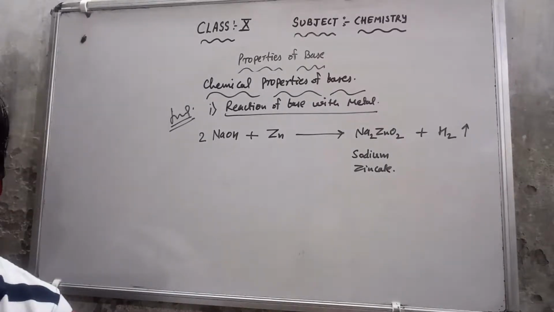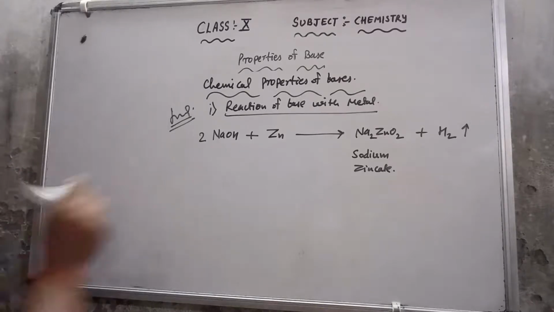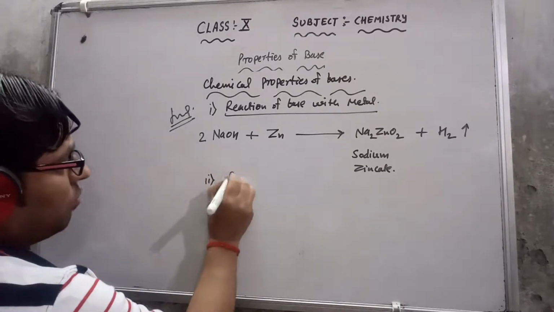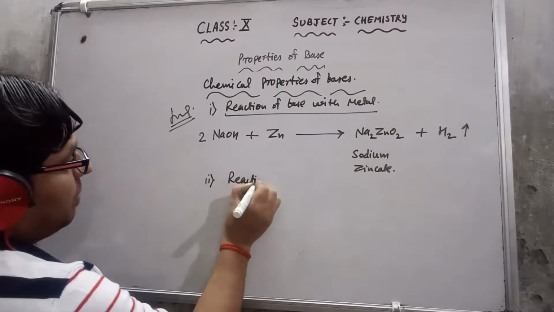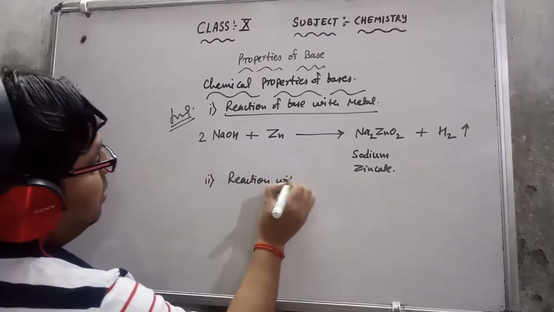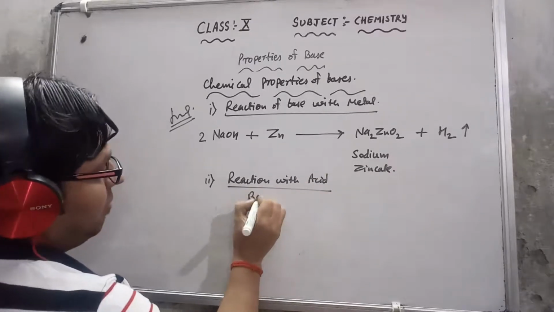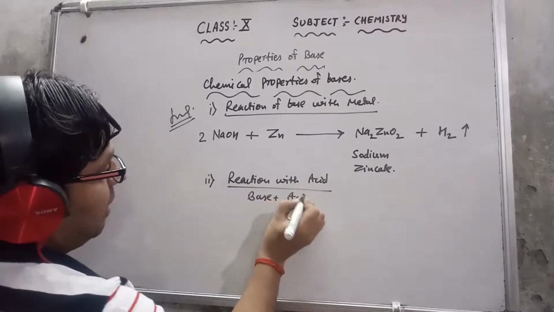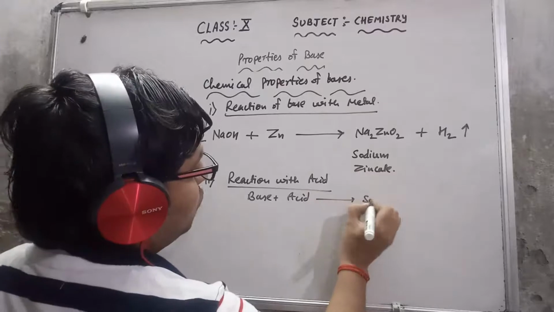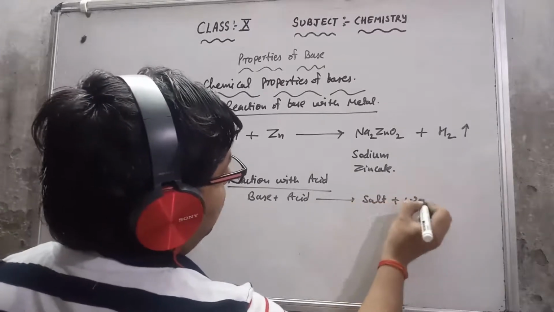After this, the second property is the reaction with acid, which we already read. When base reacts with acid, it gives us salt plus water.